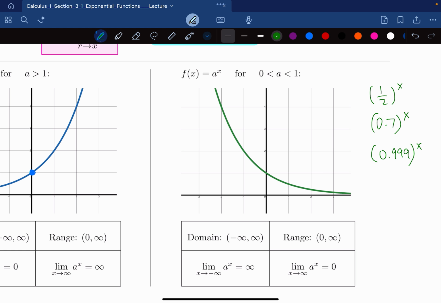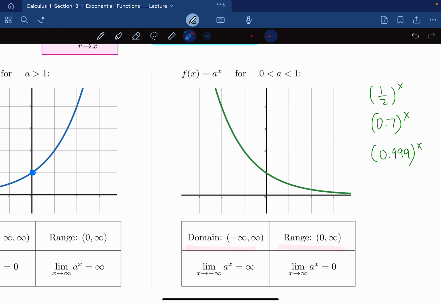In this case, the domain and range are exactly the same, because this is just a mirror reflection of the previous case. This is a reflection about the y-axis. We can see that too because it crosses the point (0, 1), just as before, and it's basically symmetric from left to right.